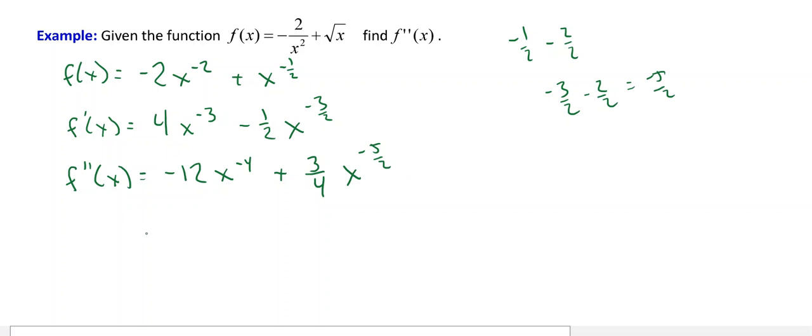And then we want to rewrite this in a little bit better way. So we'll do negative 12 over x to the 4th. I'm going to leave the 3 in the numerator. The 4 is in the denominator. And we'll make this the square root of x to the 5th. And that is our second derivative.